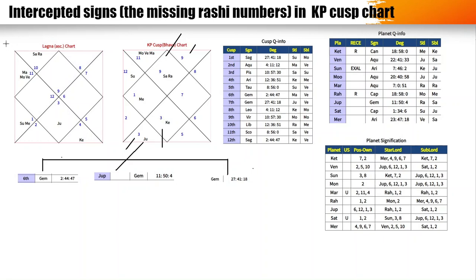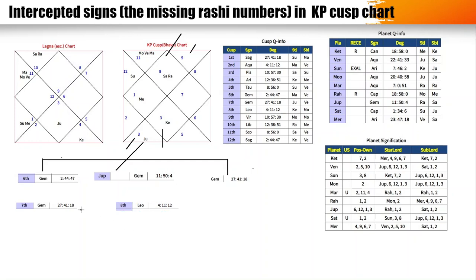And immediately the seventh cusp starts from Gemini 27 degrees 41 seconds, which is the ending of this, right? And then it is going to end in Leo.